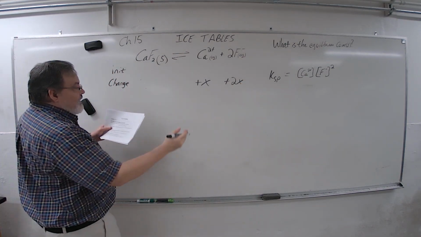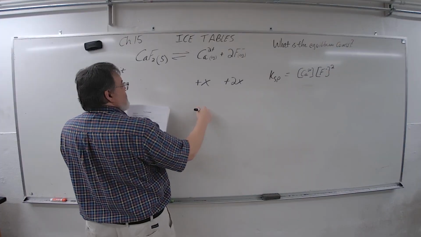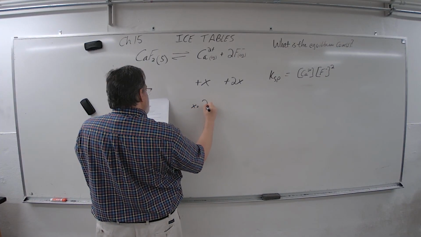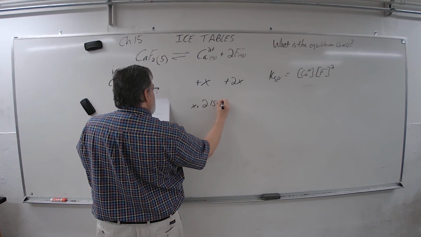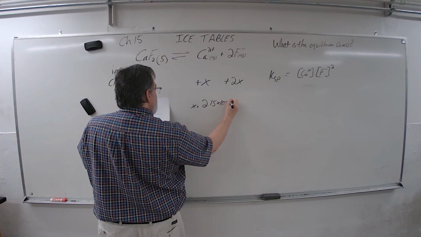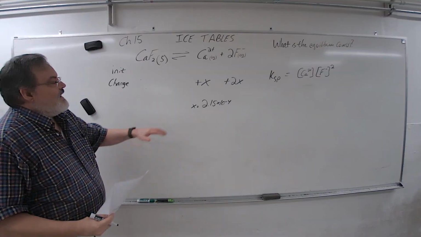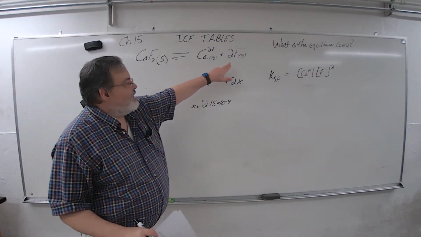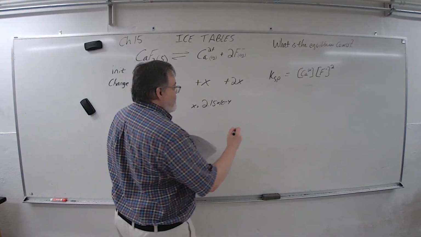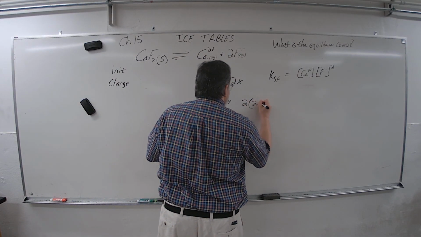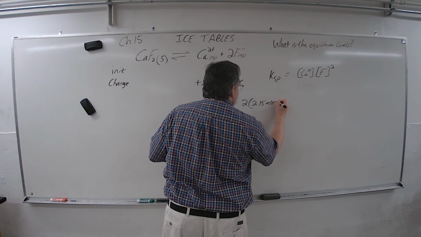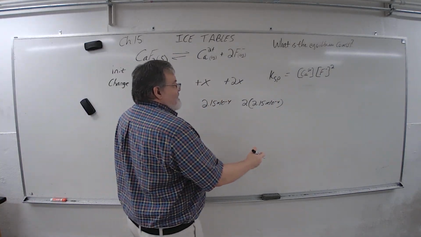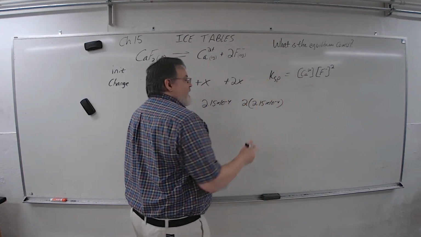And then this is saying that the equilibrium concentration, without doing any math, is x. So maybe that helps connect things, but 2 times x is what the concentration of this one is. So 2 times 2.15. So the point is, now you have both of these, and you can find Ksp very easily.